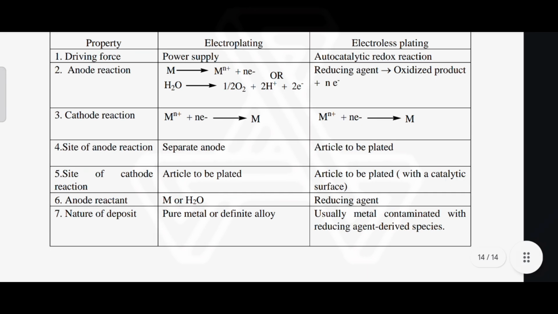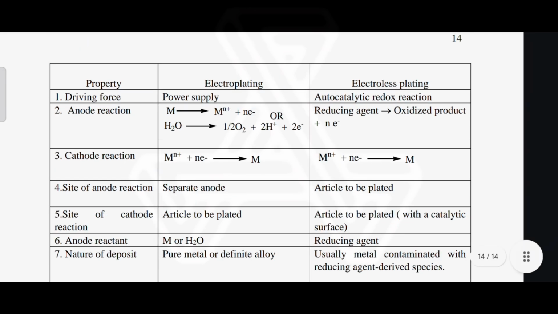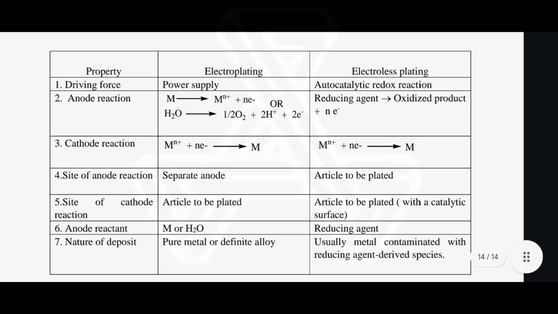Site of anode reaction: a separate anode in electroplating; the article to be plated in electroless plating. Site of cathode reaction: the article to be plated is the cathode reaction site in electroplating; in electroless plating, the article to be plated with a catalytic surface is the cathode reaction site.